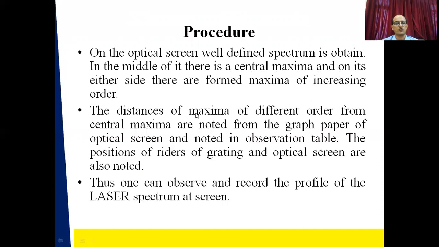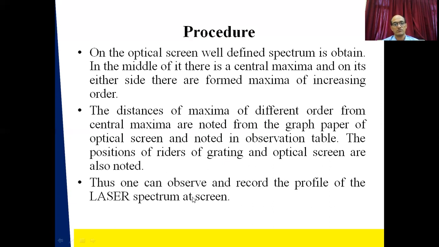The distances of maxima of different order from central maxima are noted from the graph of the optical screen and noted in the observation table. The positions of the rider of grating and optical screen are also noted. Thus, one can observe and record the profile of the laser spectrum at screen.